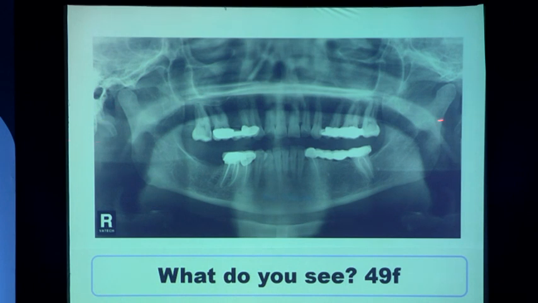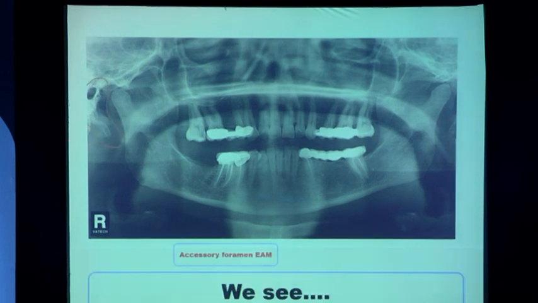This is the posterior nasal spine. We have accessory external acoustic meatus foramen, and also on the left side, there's flat eminence. There's no eminence. This is the reason why the patient can easily subluxate and then put it back on her own, the mandible.